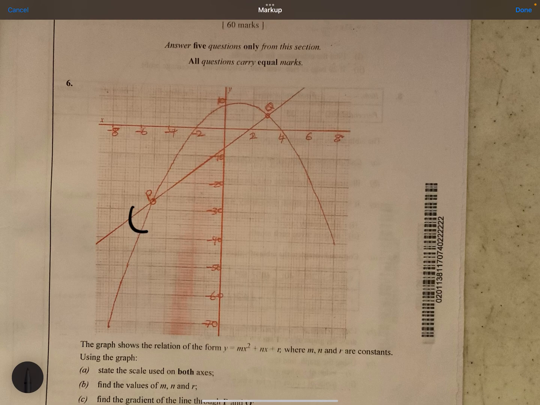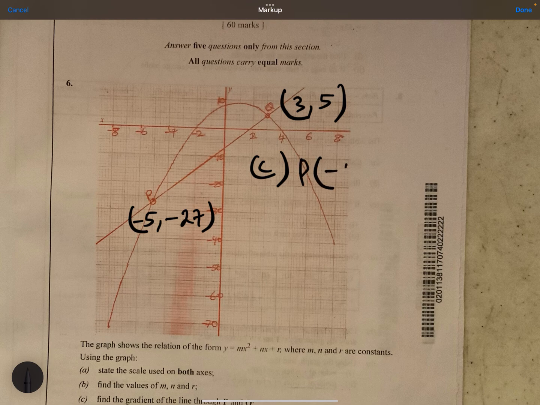We need to state the coordinates of the points P and Q. If we read this closely, the coordinates of P are minus 5, minus 27, and the coordinates of Q are 3, 5. So for question C, point P has coordinates minus 5, minus 27, and point Q has coordinates 3, 5.